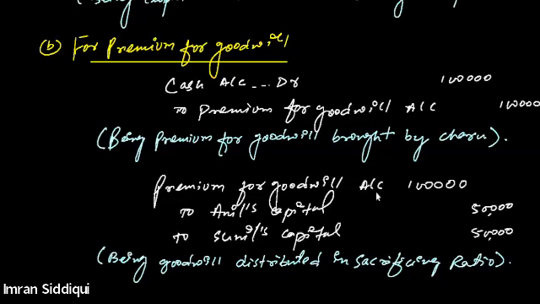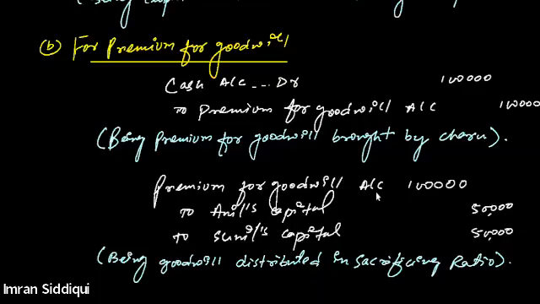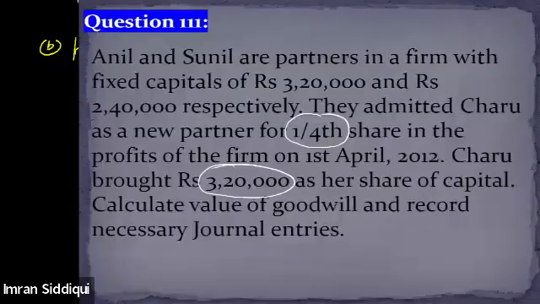Sania, Aman, and Halima. Sir, for this sacrificing ratio, we need to find the new ratio also, right? Or is it given in the question? Yeah, you'll have to determine the new ratio as well. The new ratio is not given in the question. Only the proportion of share the new partner is getting, 1/4, is given.